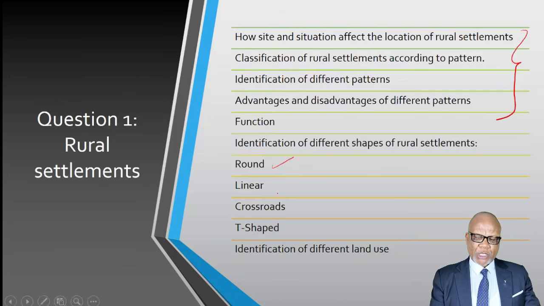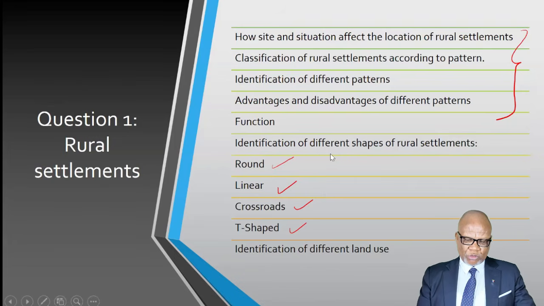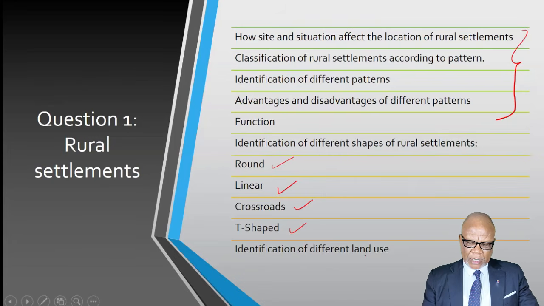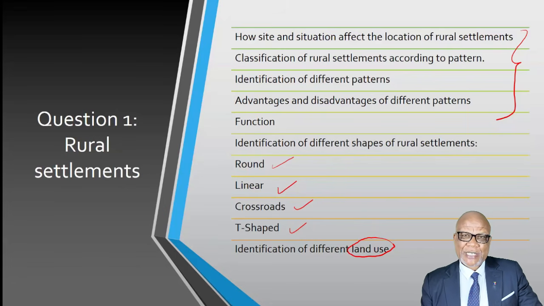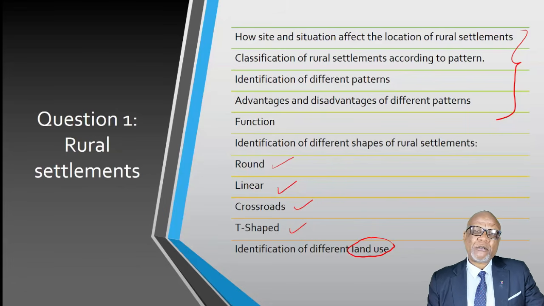We have the round shape, a linear shape, a cross shape, and a T shape. You must be able to also identify land use. Note that in rural areas, we do not have land use zones, but we have land uses. We have land use zones in urban areas, but in rural areas, we only have land use.